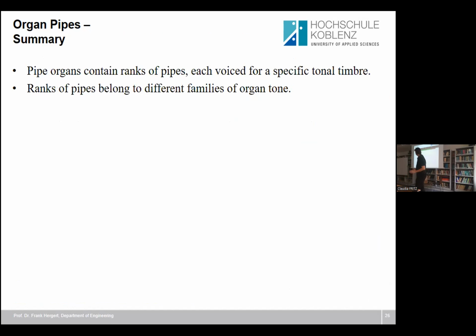So let me conclude. First two lines I skip because it's covered at the moment. Pipe organs, as you've seen, contain a lot of ranks of pipes. Each rank is voiced for a specific tonal timbre. The ranks of pipes belong to different families of organ tone.